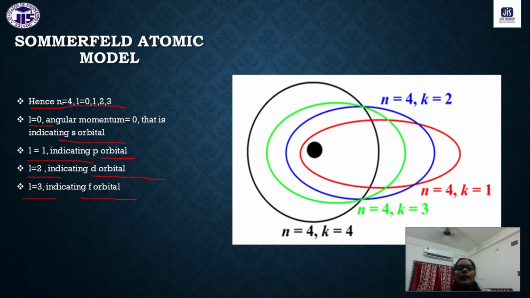Understand? So n equals 4 has 4 sub-energy levels. Why? Because if we apply a magnetic field, that energy level will be divided into sub-energy levels, which we can indicate only by the orbital angular momentum or azimuthal quantum number.